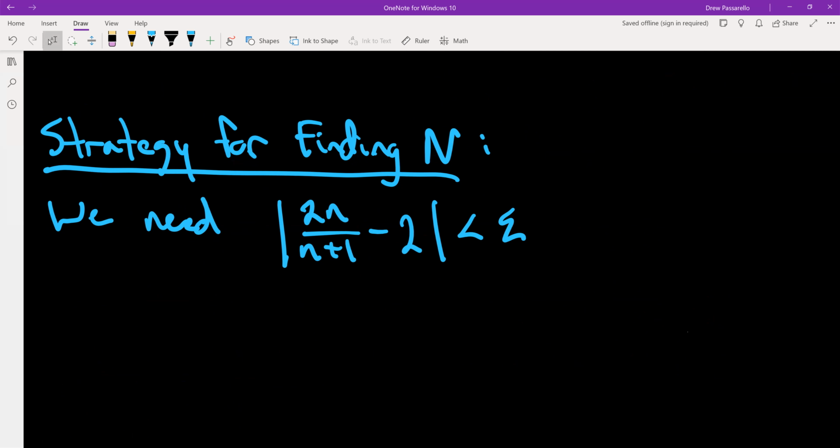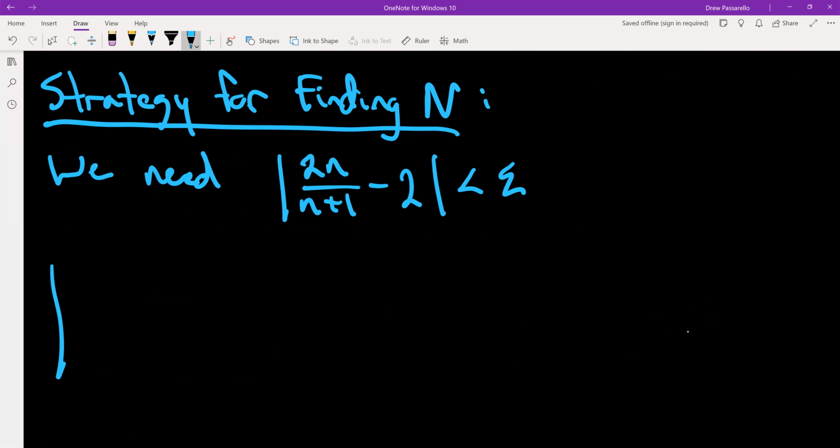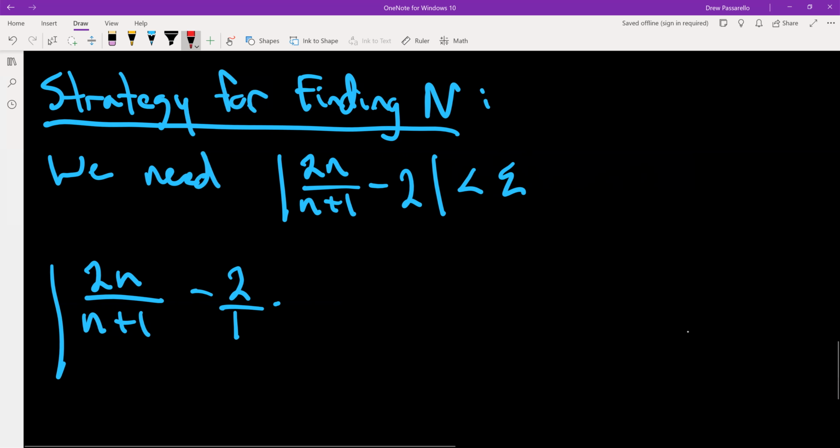Well, I'm going to combine the stuff in the absolute value as one fraction. So 2 is 2 over 1. I'm going to multiply it top and bottom by n plus 1, so we have that common denominator.